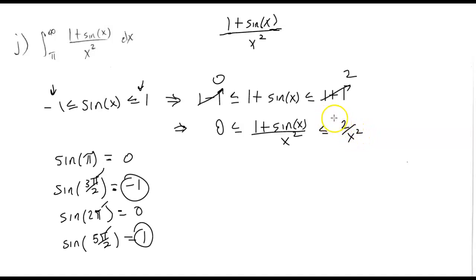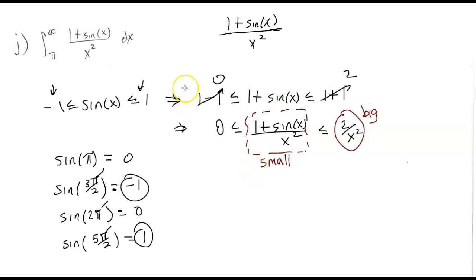Okay, so we see here that this 2 divided by x squared could be looked at as our big function, and our actual integrand can be looked at as our small function.